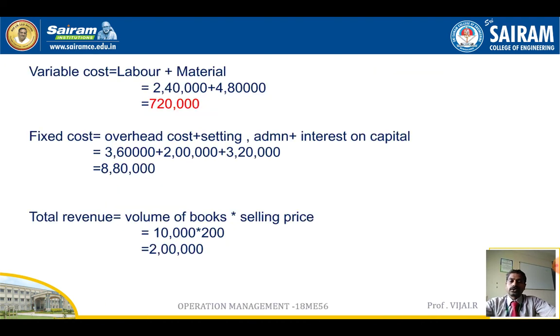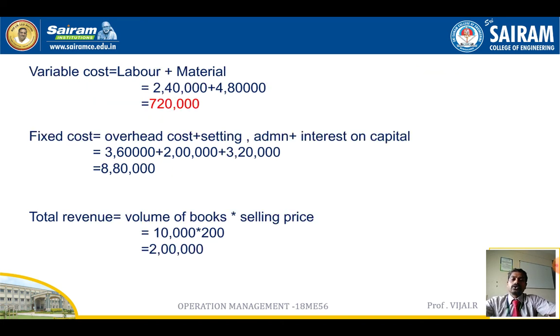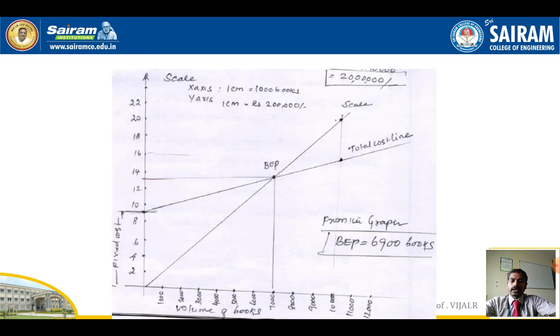The total cost is given as 3 lakhs, 4 lakhs, 8 lakhs, and finally the total cost is 16 lakhs. So on the y-axis the scale is 1 centimeter equal to 2 lakhs, so that 16 lakhs will come at around 8 centimeters.